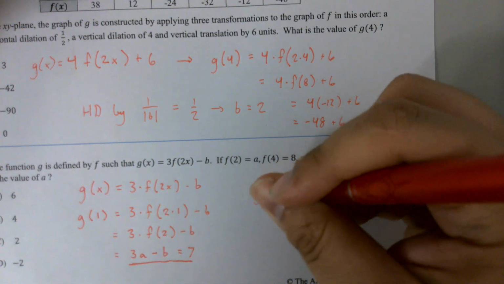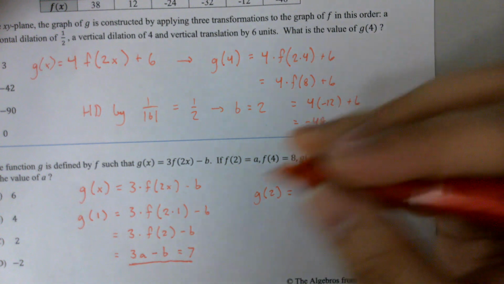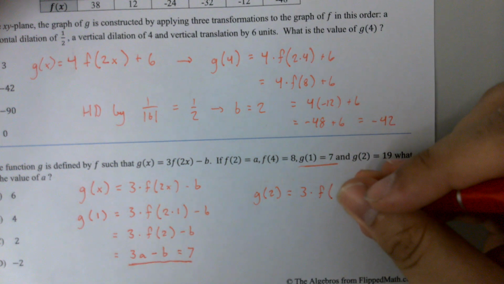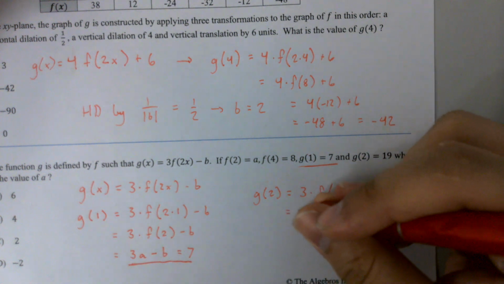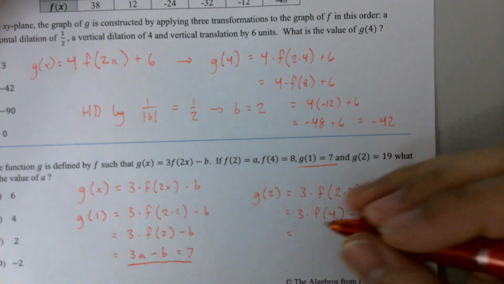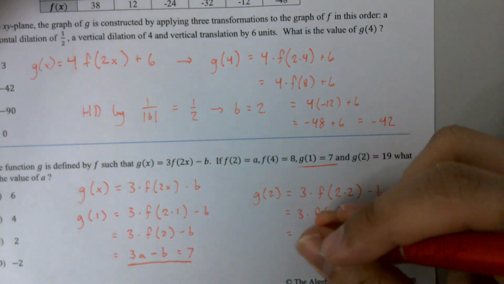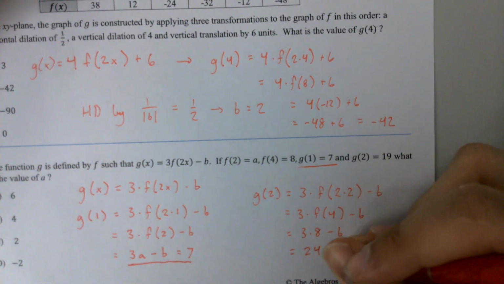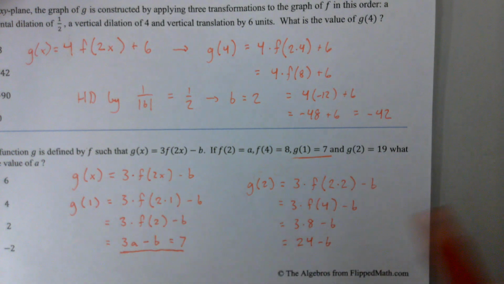So g of 2 is going to be equal to, according to our rule here, 3 times f of 2 times 2 minus b. This is equal to 3 times f of 4 minus b, which is equal to, according to this information, f of 4 is equal to 8. So this is equal to 3 times 8 minus b, which is 24 minus b. And then, because we're trying to figure out what g of 2 is, we're given that g of 2 is equal to 19.